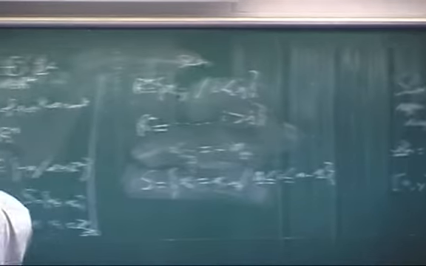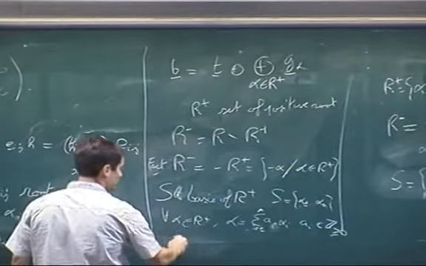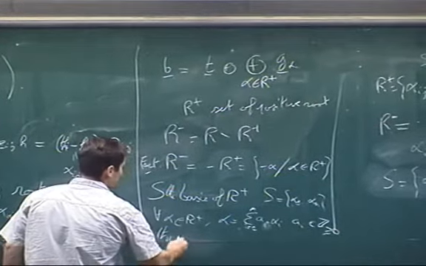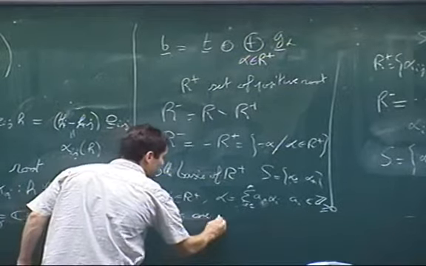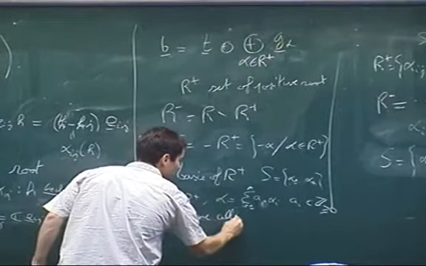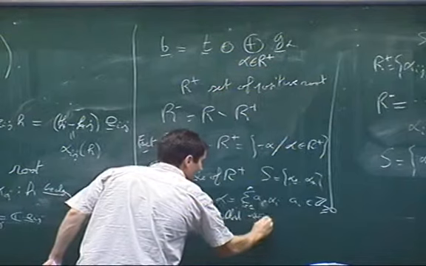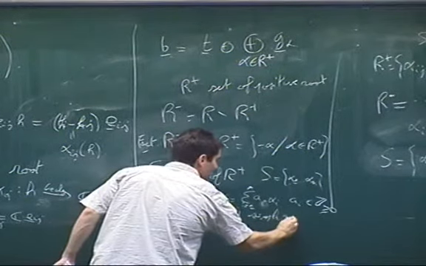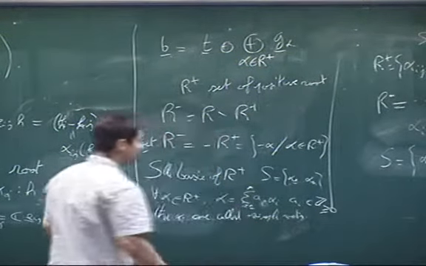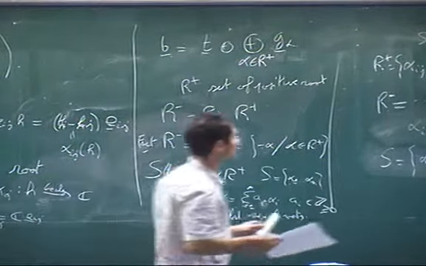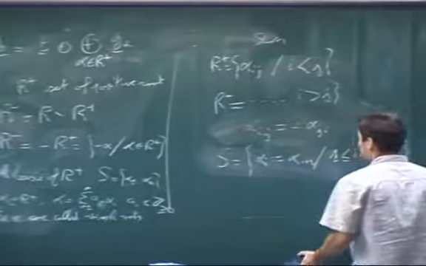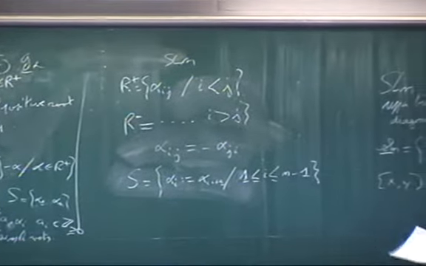I now define simple roots: the α_i are called simple roots. So it's the elements of the basis. So here we have n−1 simple roots.